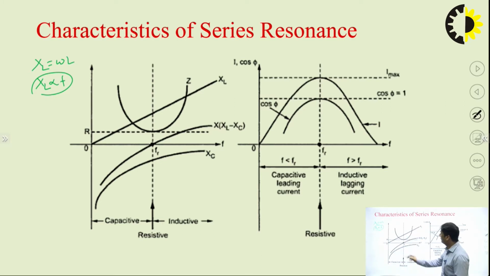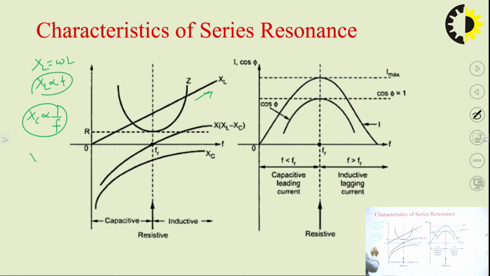So linear means it will follow this curve. This is for XL, as you can see in the picture. Now XC is inversely proportional to frequency because it is 1 upon omega C. So it is a rectangular hyperbola, and we know that XC is always negative.